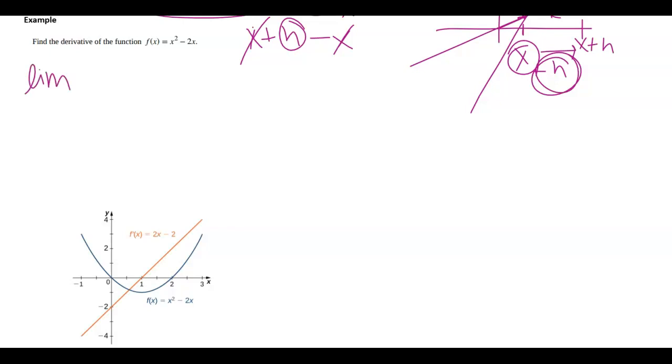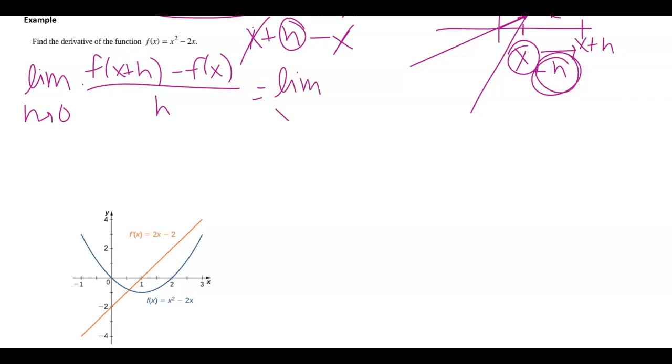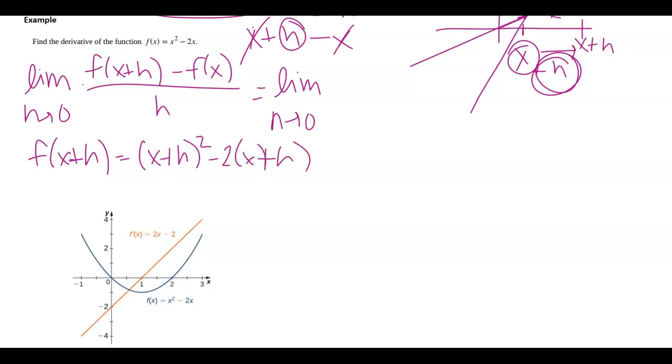So we're going to take the limit as h goes to 0 of f of x plus h minus f of x all over h. f of x plus h would be x plus h squared minus 2 times x plus h. x plus h squared would be x squared plus 2xh plus h squared, and then I'll have minus 2x minus 2h. So that's my full numerator.